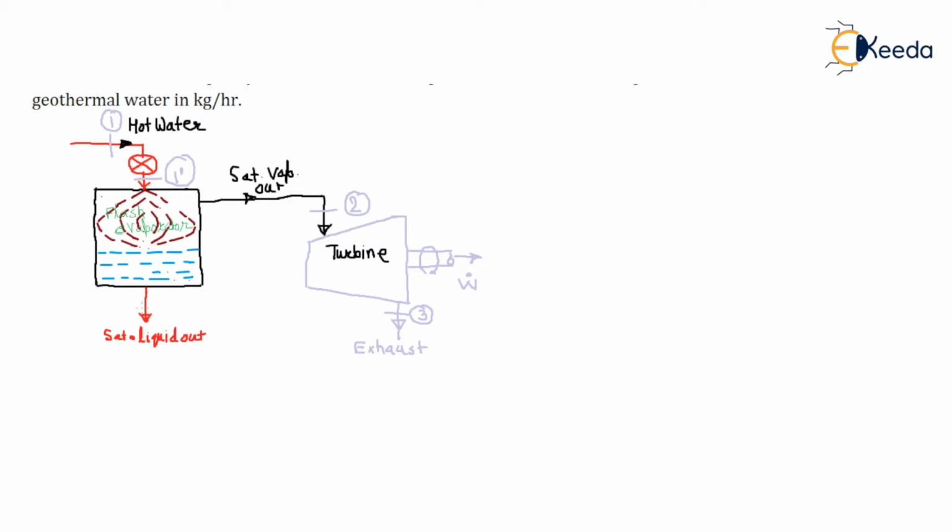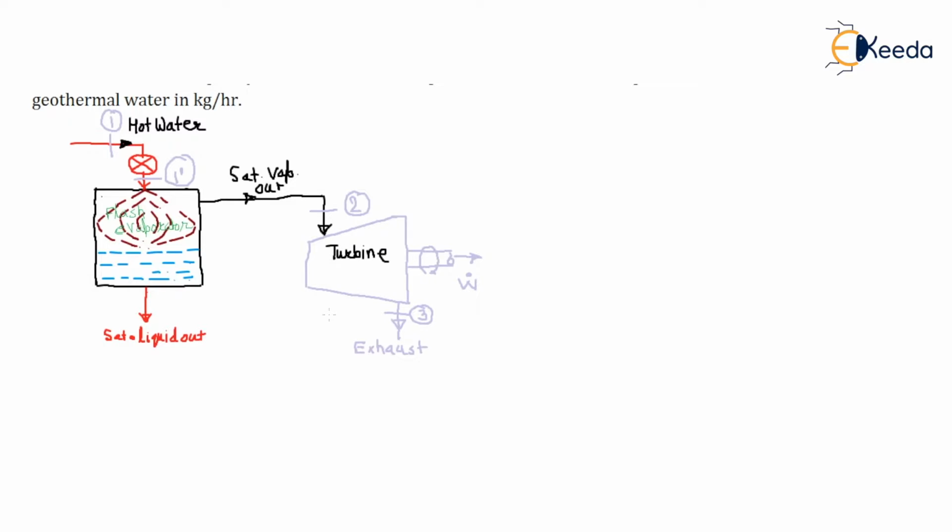The liquid comes out of the flash chamber, and this is the saturated liquid, and this is the vapor. State 1 dash is the two-phase mixture, and the vapor comes out from the flash chamber to feed the turbine to run the turbine, and there is an exit.